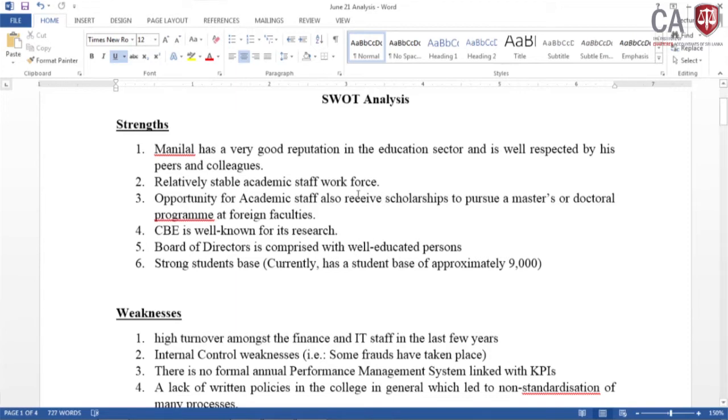Then strength, another one, relatively stable academic staff workforce. Academic staff were retained with the organization. Therefore, I identify it as a strength.